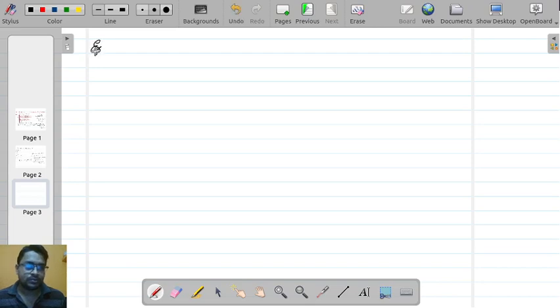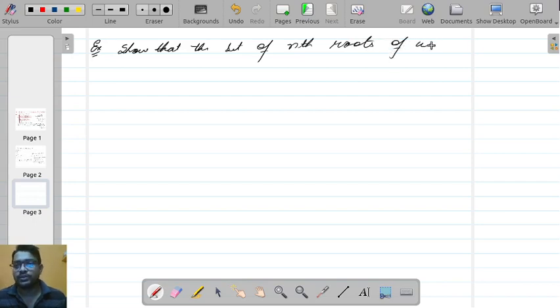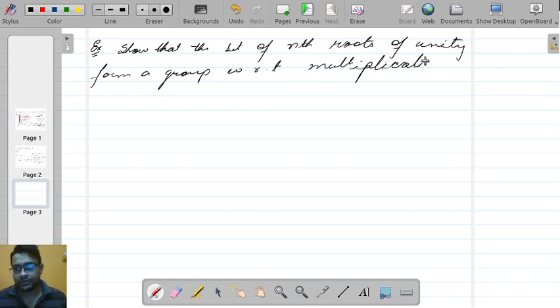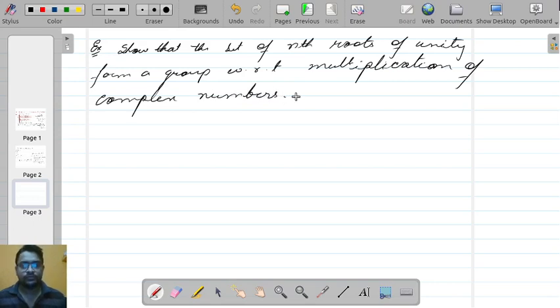So we can show that the set of nth roots of unity form a group with respect to multiplication of complex numbers. This also can be shown.